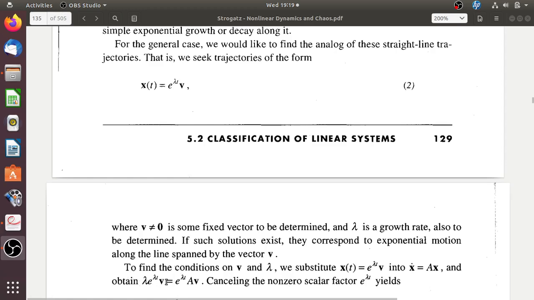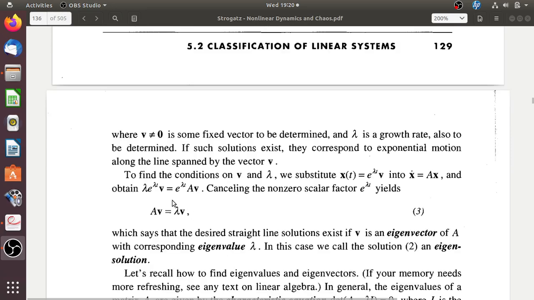Now from this equation, e to the power of lambda t on both sides is just a scalar value, and therefore let's cancel those two, and once we cancel it, what we will get is this form.